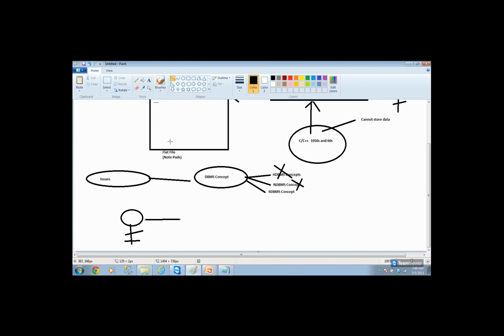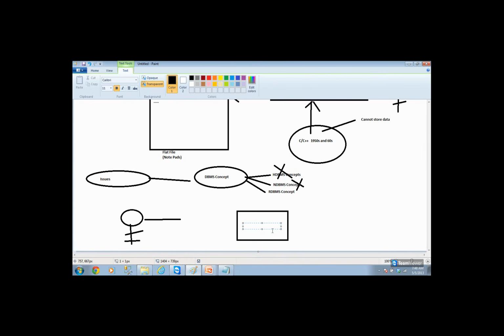Now to speak, you have to have a language. Now these are your RDBMS softwares. What do you have? You have Oracle, DB2, and SQL Server. All these are RDBMS tools.